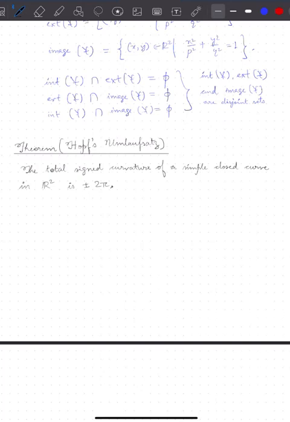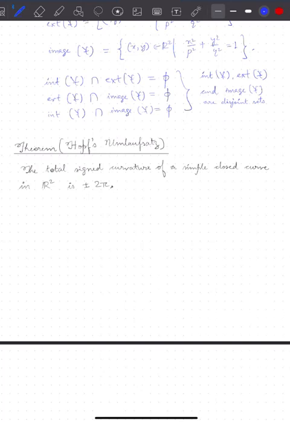And we had recalled from a previous session that the total sign of any closed curve in R2 is an integer multiple of 2 pi. And if it is a simple closed curve, then the integer has to be plus minus 1. That's the thing, right?